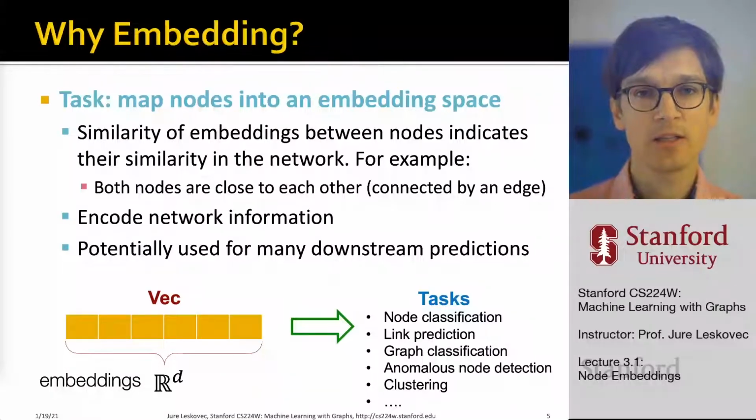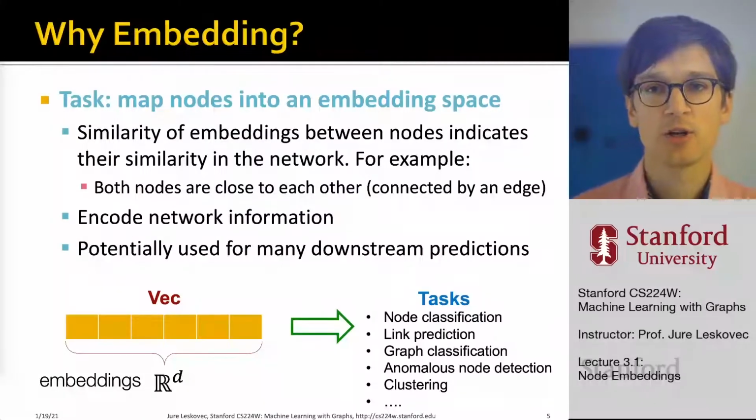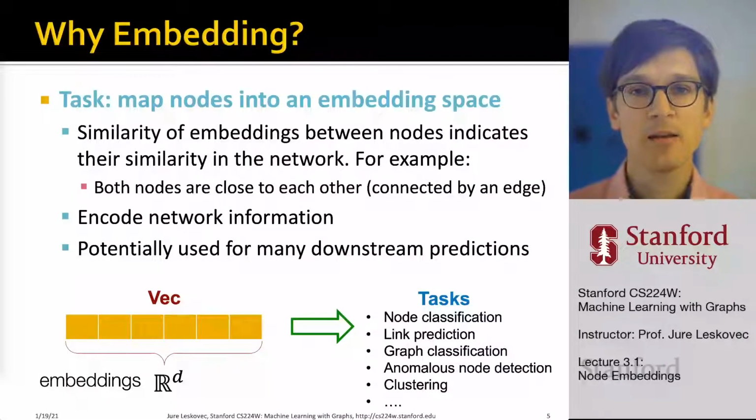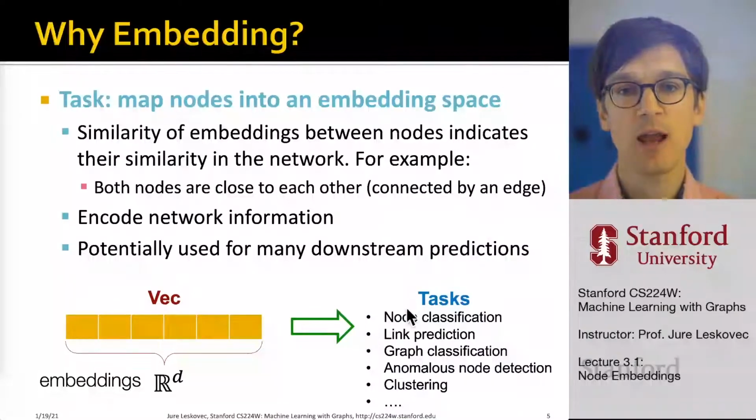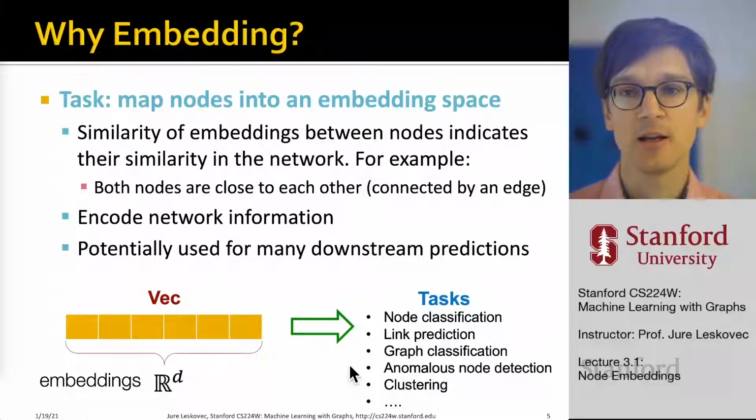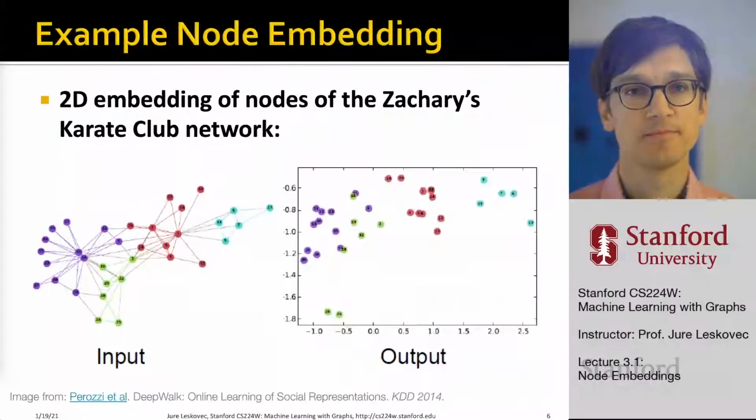And the goal of this is that it automatically encodes the network structure information. And then it can be used for many different downstream prediction tasks. For example, you can do node classification, link prediction, graph classification, anomaly detection, clustering, a lot of different things.